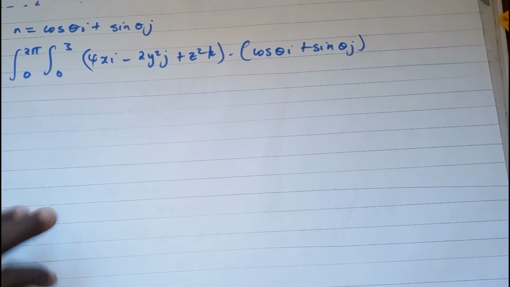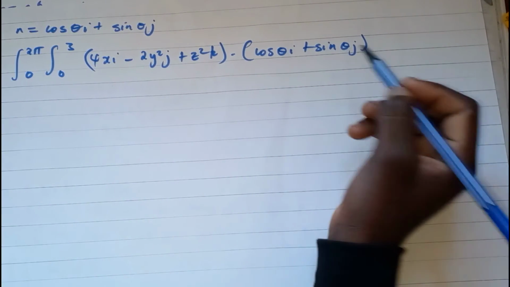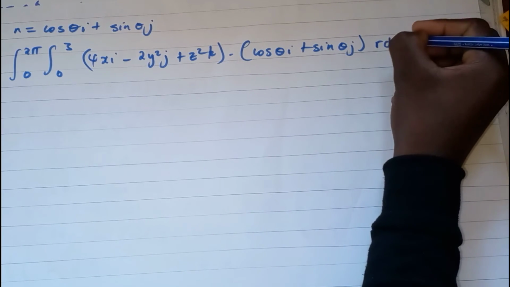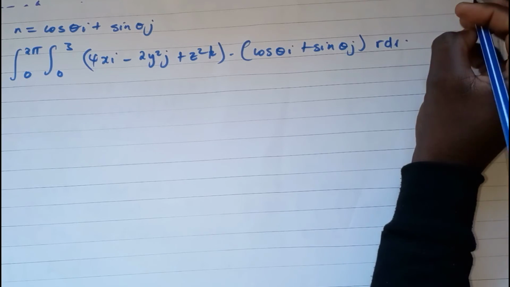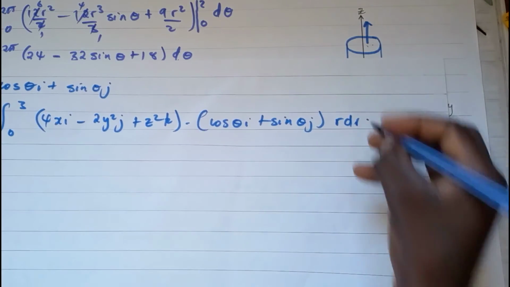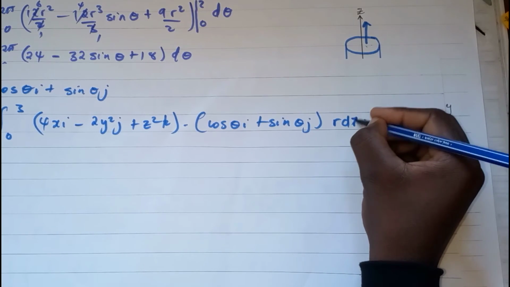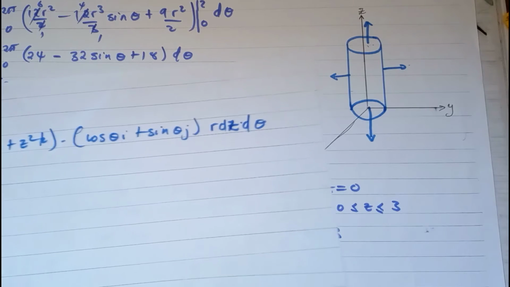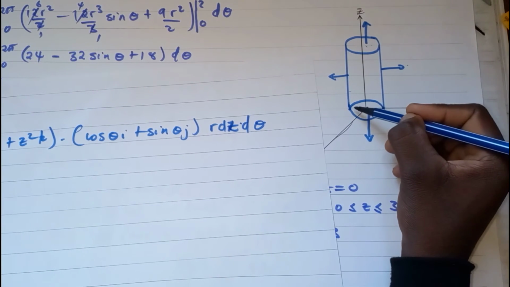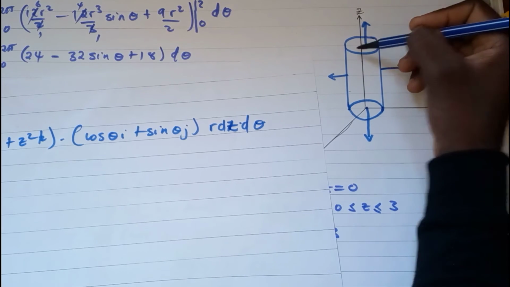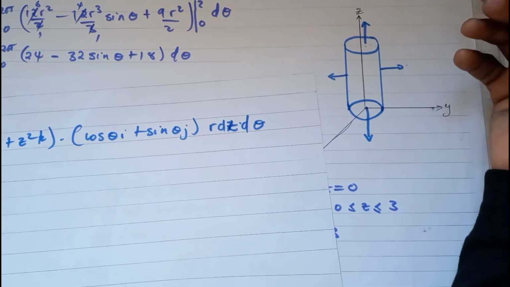So our normal depends on the angle. Then instead of r d theta, I'm going to write dz d theta. When you say r d theta, r is the radius. In this case, z is not the radius. That's what I'm trying to say.